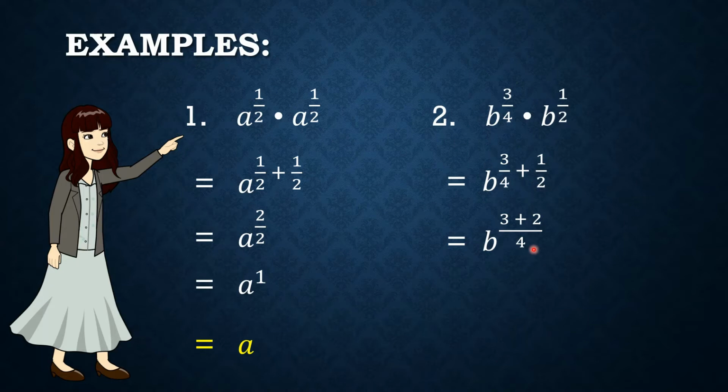So 4 divided by 4 is 1, 1 times 3 is 3. Then 4 divided by 2 is 2, 2 times 1 is 2. Then let us get the sum: 3 plus 2 is 5 over 4. So our answer is b raised to 5 over 4.